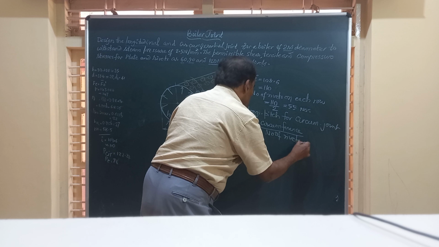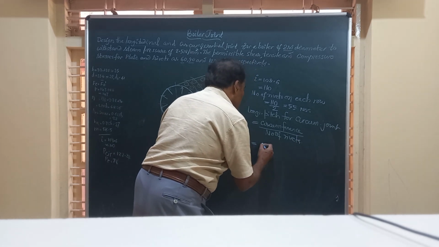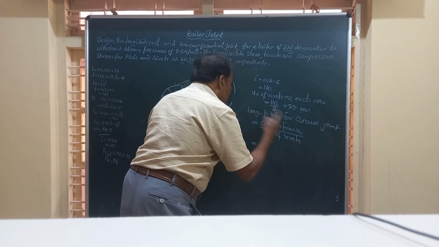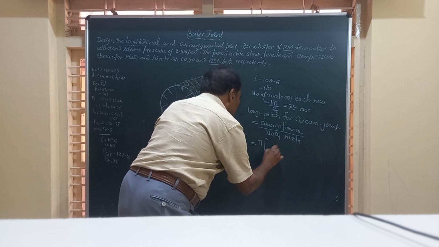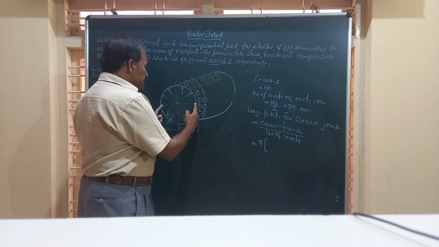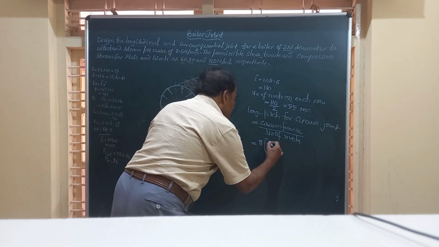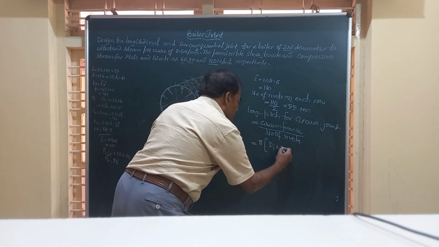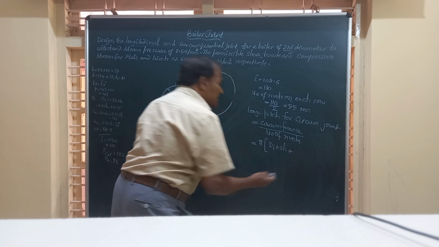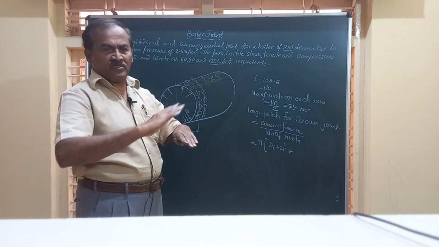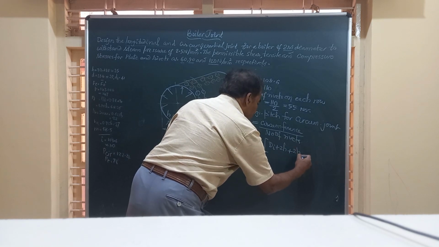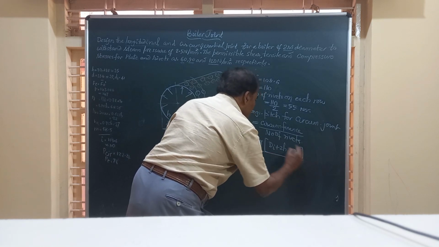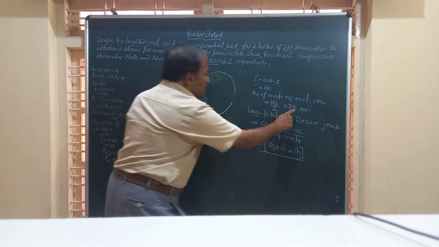So the circumference will be, I told you, pi d is the circumference. What is the diameter? This is Di plus 2h, plus again we are going to have one more plate for the lap joint that also has thickness h, so h plus h, divided by the number of rivets on each row, which is 55.